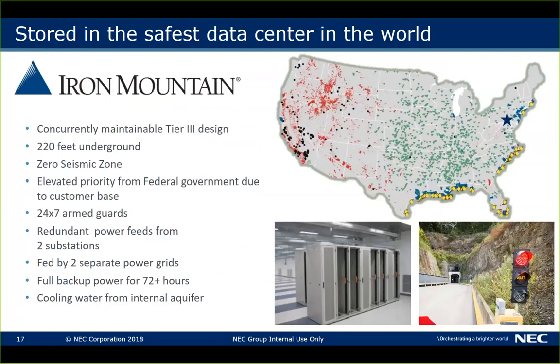So, Iron Mountain. I'm guessing a lot of you have heard of Iron Mountain. It's been around a long time, and it is one of the safest data centers in the world. First, I'd like to point out this map of natural disasters: earthquakes, hurricanes, and flooding along these areas. But right here in Pennsylvania, there is pretty much zero damage altogether.